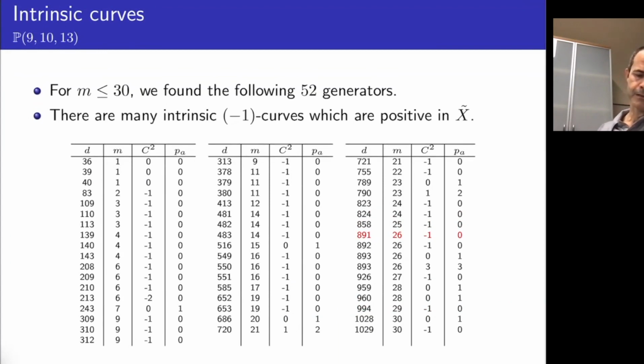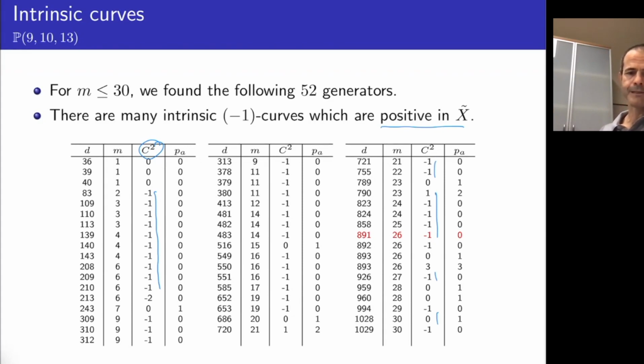These are all positive curves inside the blow up of the weighted projective plane. But if we consider each curve inside its Newton polygon, here I wrote the self-intersection as an intrinsic curve. So you can see that there are many intrinsic -1 curves. All these are intrinsic -1 curves.